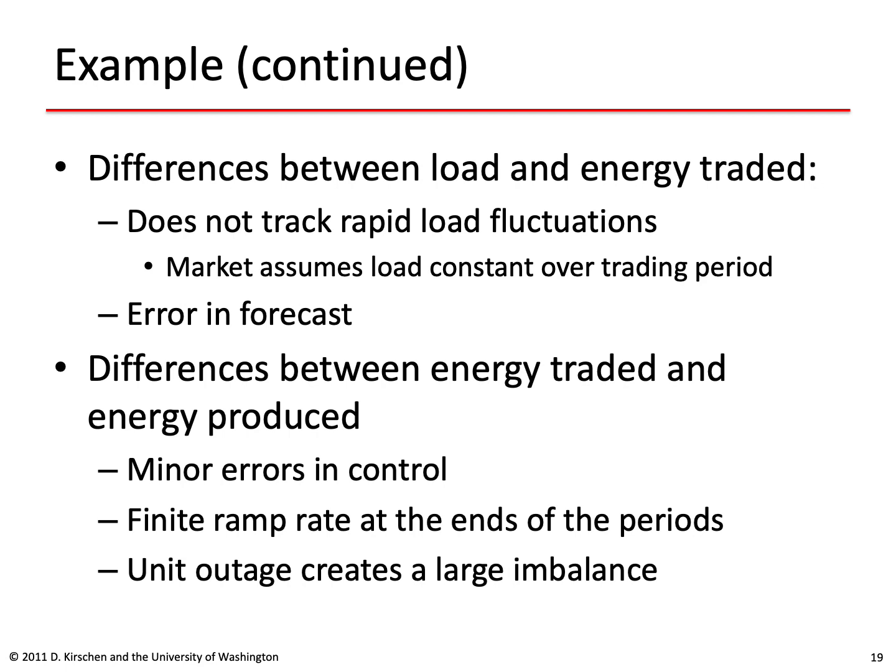We also have differences between the energy traded and the energy produced because of minor errors in the control of the generating plant, and because the generating plant have a finite ramp rate and cannot instantaneously change from the level where they're supposed to be at the end of one period to the beginning of the next. And then we have imbalances caused by unit outages.